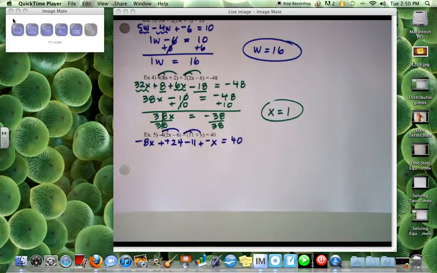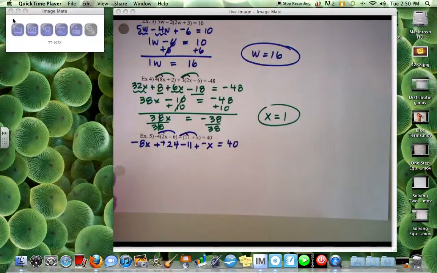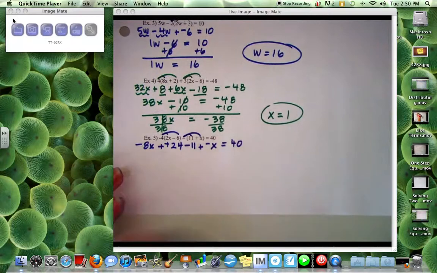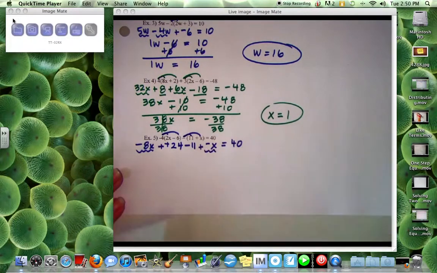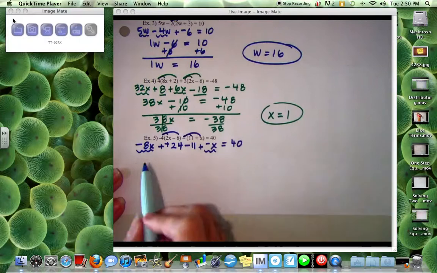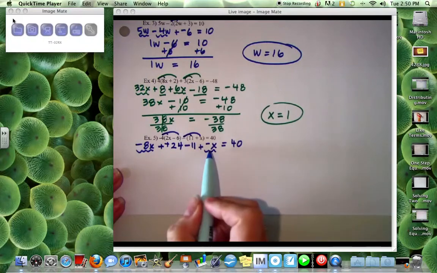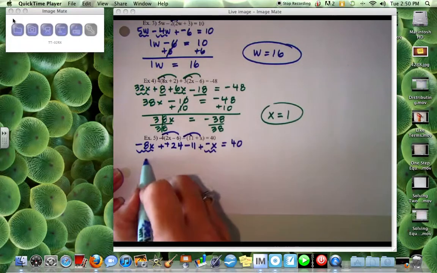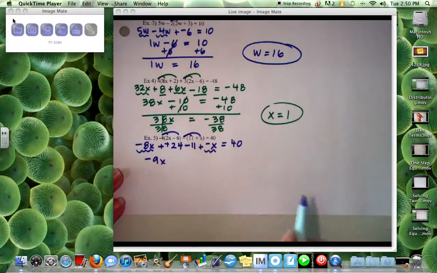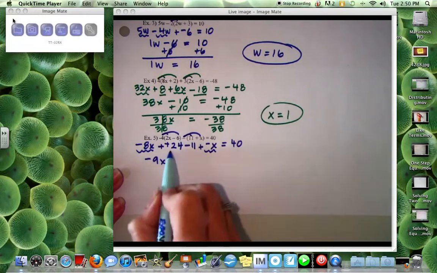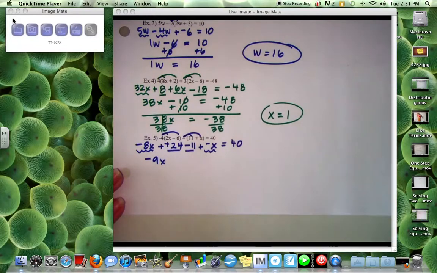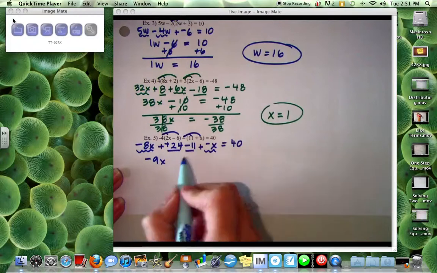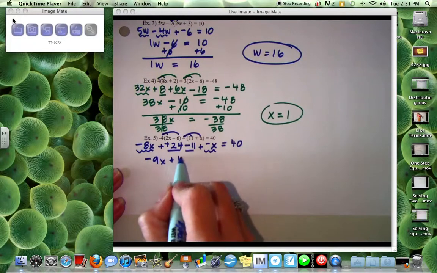Now we need to look at like terms. We have negative 8x and a minus x, which give us negative 8 plus a negative 1, and that's negative 9x. We have positive 24 minus 11, that gives us positive 13.